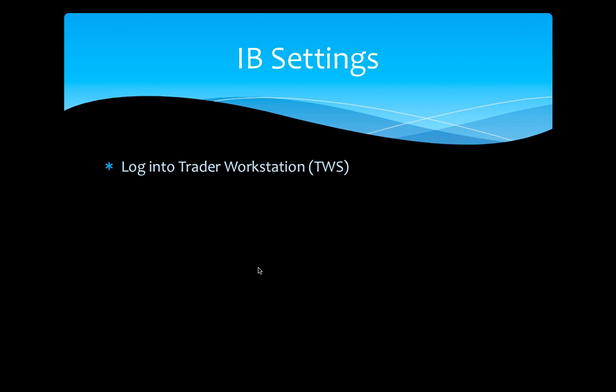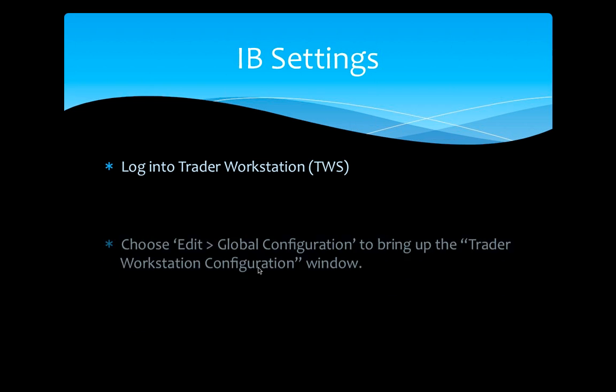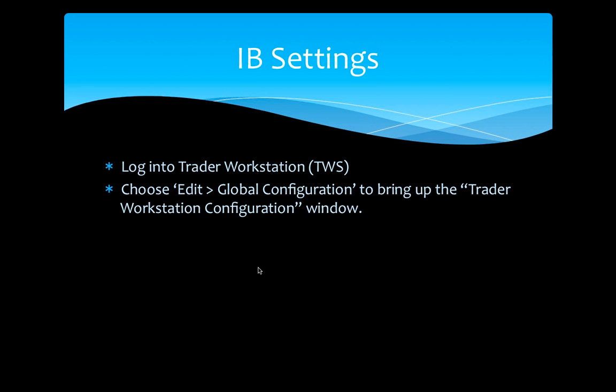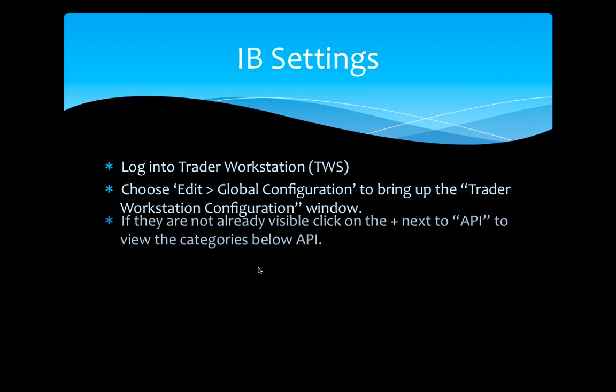Of course, you need to log into your Trader Workstation. Secondly, you will need to go to global configuration and bring up the Trader Workstation configuration. I will show you in a minute how it looks, but we'll go through these points first.